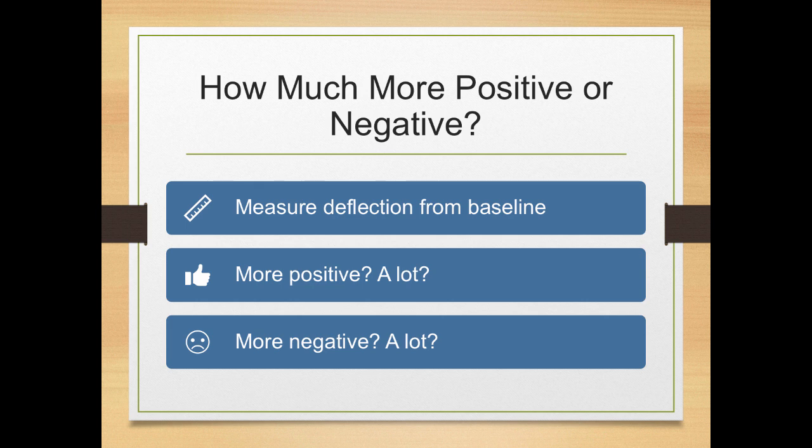Is it more positive? Is it more negative? If it's more positive, is it a lot more positive? If it's more negative, is it a lot more negative? And that's going to determine this 20-degree positive or negative adjustment or this 10-degree positive or negative adjustment. So if it's a lot, we go 20 degrees. If it's a little bit, we go 10 degrees.